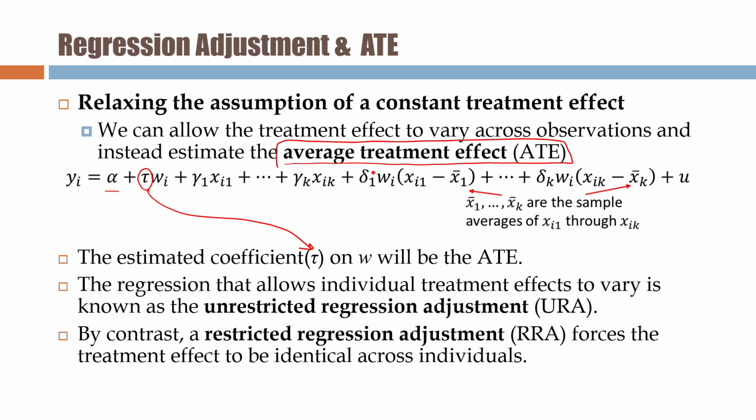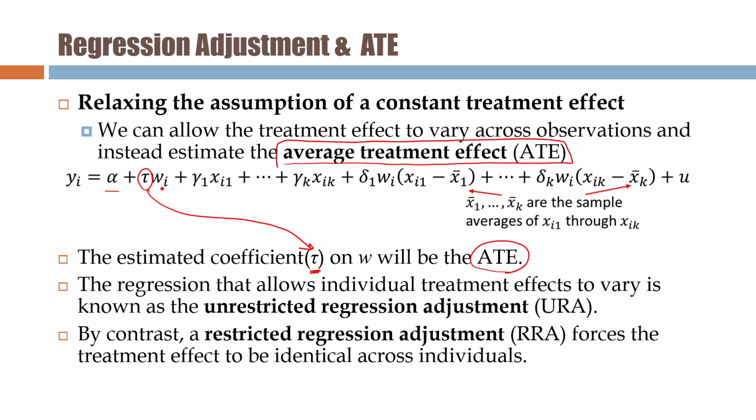delta 1 times wi times (xi1 minus x bar 1), and so on. This is kind of complicated, but if we use this model and run the regression and find this tau, then this tau will be the average treatment effect. So this is the effect of our program.